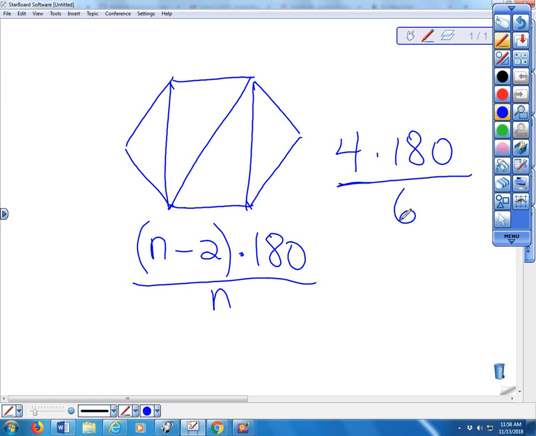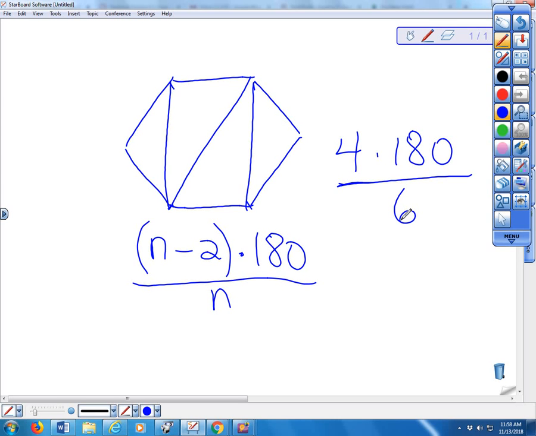Now, on a different note, talking about the exterior angles of any polygon, the sum of the exterior angles of any polygon is always what? 360. Doesn't matter what size the polygon is. If it's 6-sided, 7-sided, 100-sided, the sum of all the exterior angles is 360 degrees.